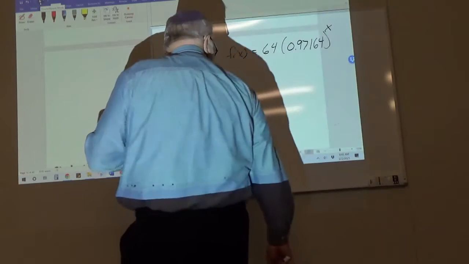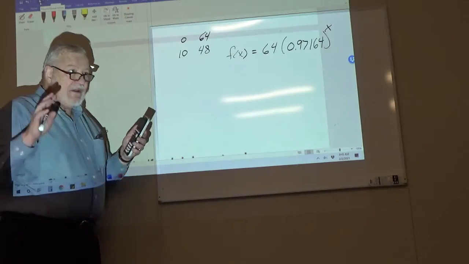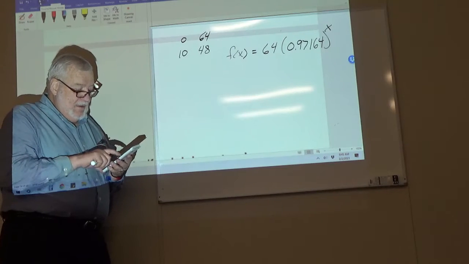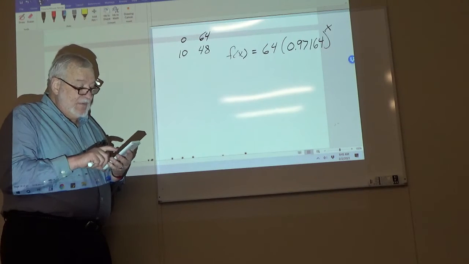Are you good? Okay, now that's the equation. Where do we need to put that so that we can work with it? We want to put it in y equals.